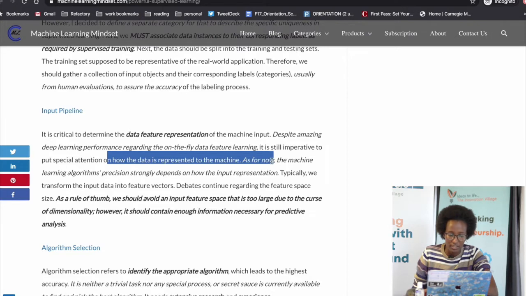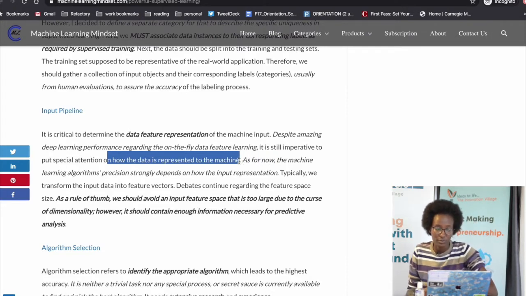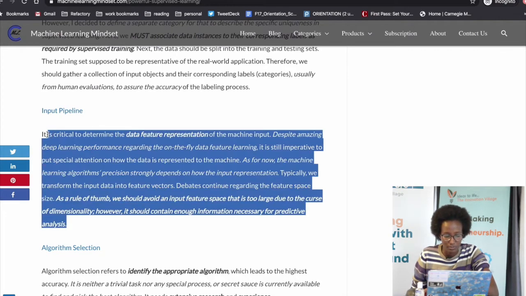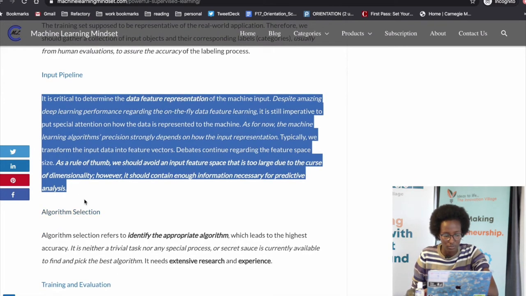The way the data is represented to the machine, to the model, is a different way. I wouldn't spend too much time on this because right now I think these processes have been streamlined. They're not that serial.